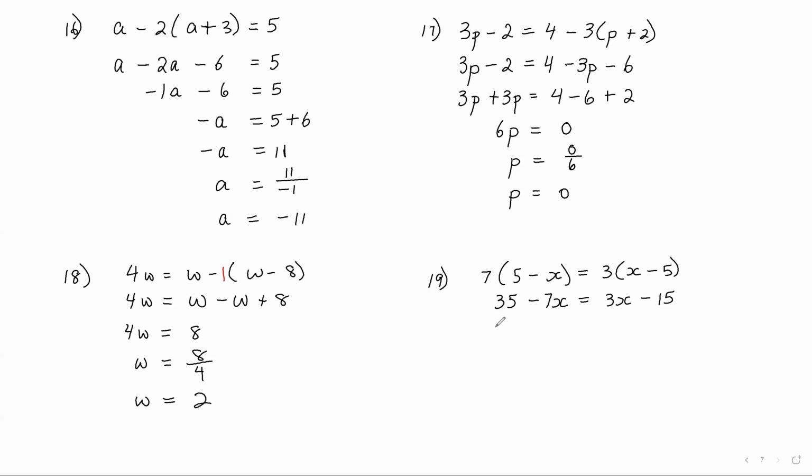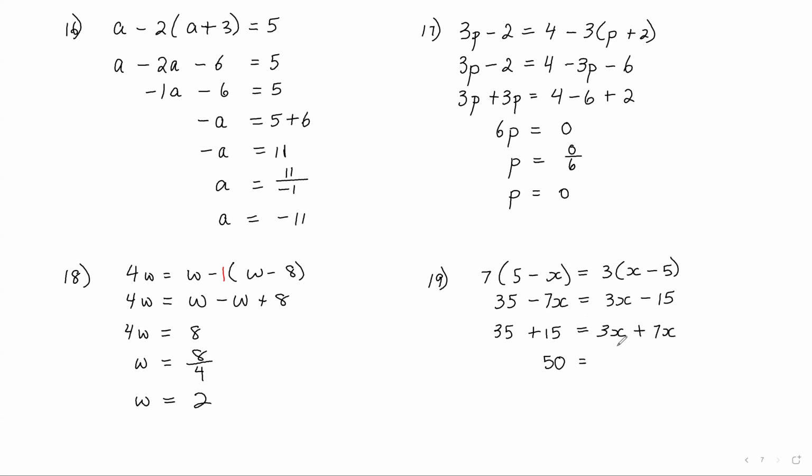So if I'm moving 15 to the left-hand side, this side will be 35 plus or minus 15? Plus. Yes. And then this side will be 3x plus or minus 7? Plus. It's plus because it's minus 7x. So it'll be 3x plus 7x. 35 plus 15 is what? 50. 55, sorry.